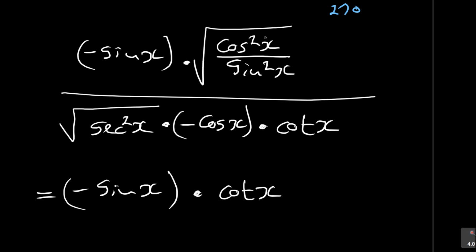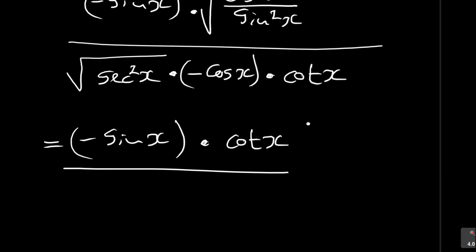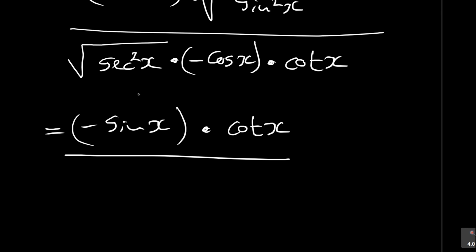The square root is gone, so square root of cot squared is cot x, over, I continue, I'm seeing that it makes things easier for me. Then in here, square root of sec squared is sec x, but sec is 1 over cos x.